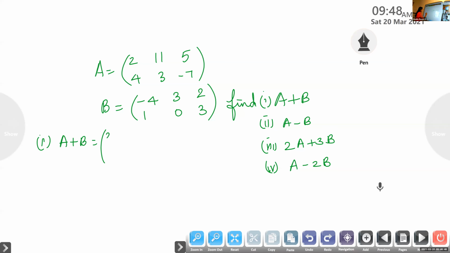A is given as the matrix 2, 11, 5, 4, 3, minus 7, plus the matrix B, minus 4, 3, 2, 1, 0, 3. When you add this, add the corresponding entries. Can you give the answer, Michael?